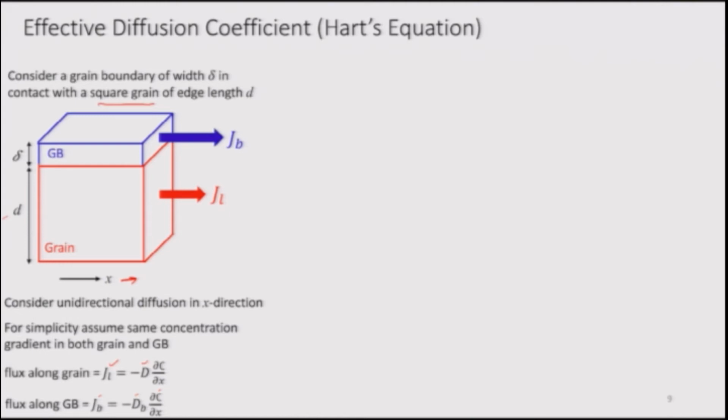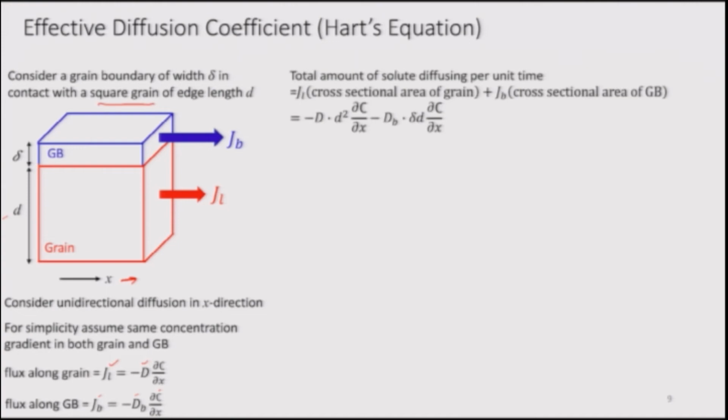However, we also need to consider the total cross section in order to estimate the total amount of material carried by a particular path, that is grain boundary or grain. So, the total amount of solute diffusing per unit time would be given by J_L times cross sectional area of grain plus J_B times cross sectional area of grain boundary.